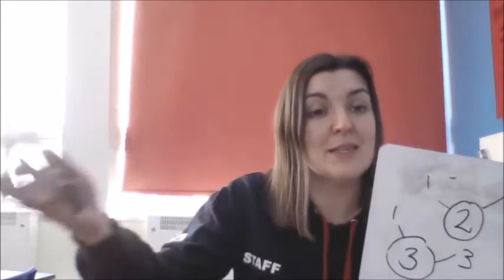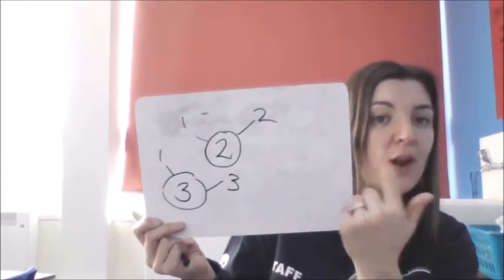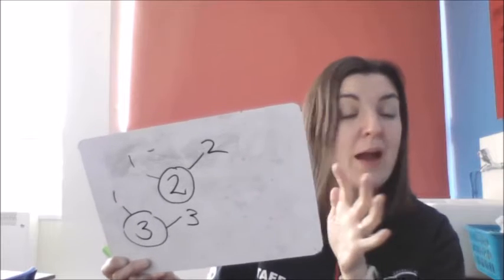So do number 1, 2, 3, 4, 5, 6, 7, 8, 9, 10, 11, 12, 13, 14, 15, 16, 17, 18, 19, 20. See if they've only got 1 and themselves, then they are a prime number.